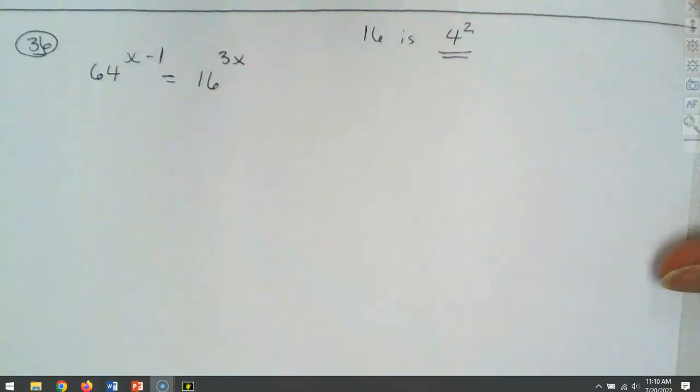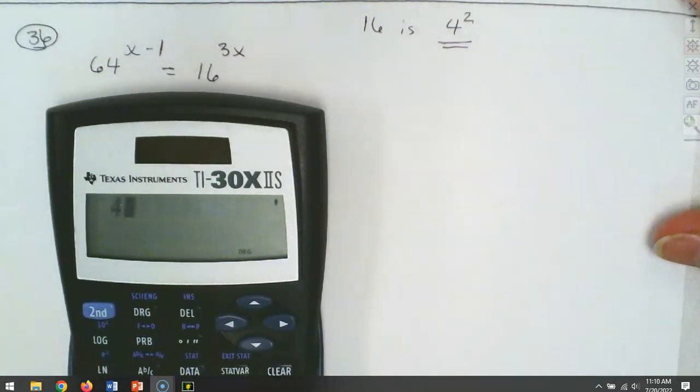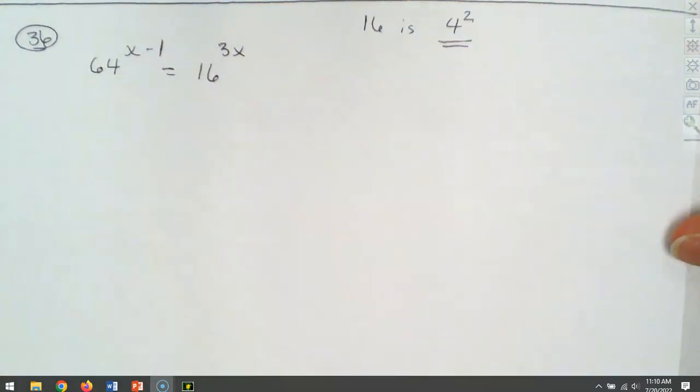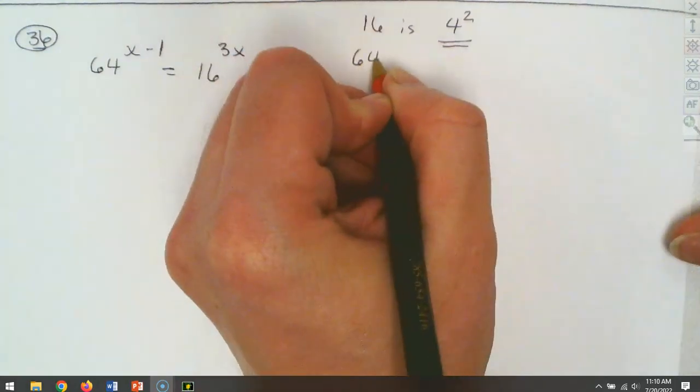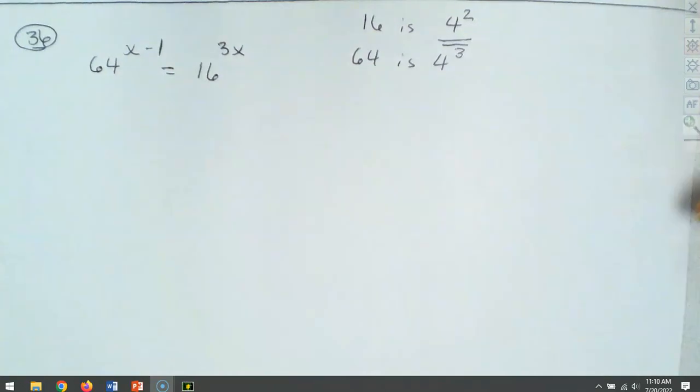Why is that going to be important? Well, if 16 is 4 squared, what's 4 cubed? 4 cubed is 64, right? That's going to give us a common base because 64 is 4 cubed. So now we can rewrite it with our new common base.